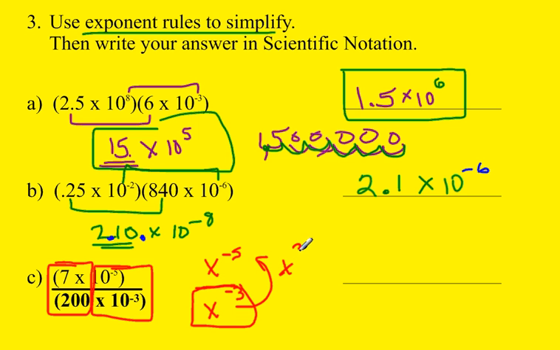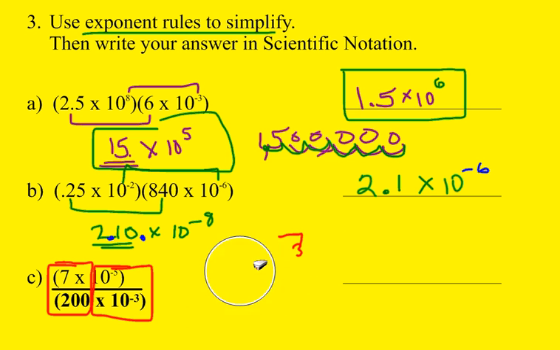So x to the 3rd goes on top, and then I'm going to add negative 5 and 3 to get negative 2. Or you can use a shortcut where you just do 10 to the negative 5 minus, because it's dividing, negative 3. Go for the minus negative, so plus plus, you get negative 2 that way. Either way, you get 10 to the negative 2nd power there.